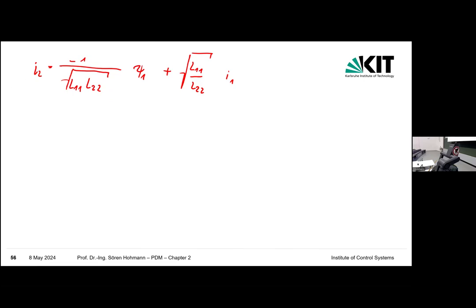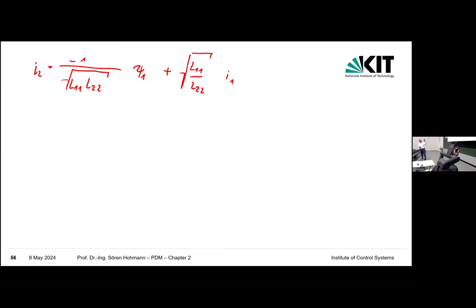Now I ask you a question: under which condition does this part of the equation vanish, become zero? First a mathematical answer and then please a physical answer. First the mathematical answer, because it might be easy.